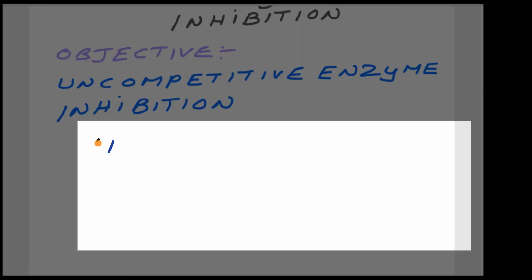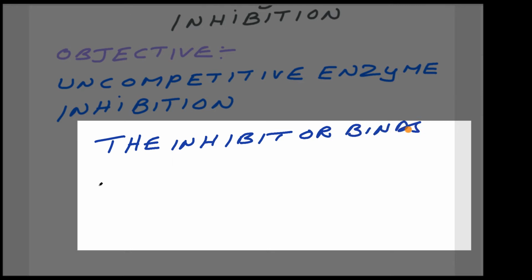Now, what is uncompetitive enzyme inhibition? The inhibitor binds to the, please observe here, enzyme substrate complex. It is different from other types of inhibition.